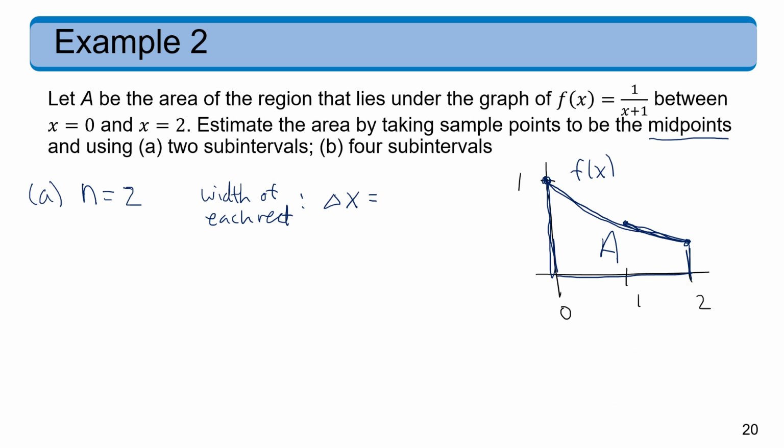If you remember, delta x is b minus a over n. Here b is 2, a is 0. So that b minus a, the 2 minus 0, is the total width of the interval from 0 to 2. And here we're using 2 subintervals, so n is 2. When you simplify 2 over 2, you get 1. And that's exactly what we knew it would be, right? The width of each rectangle is 1.